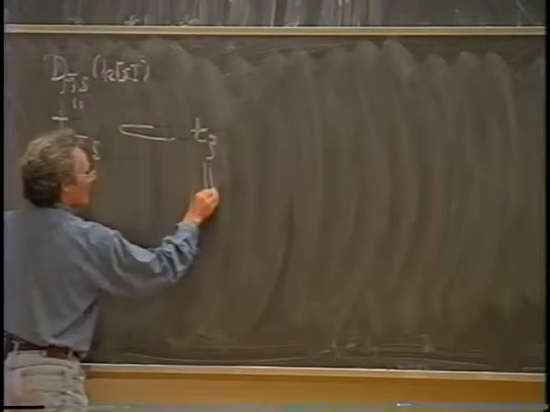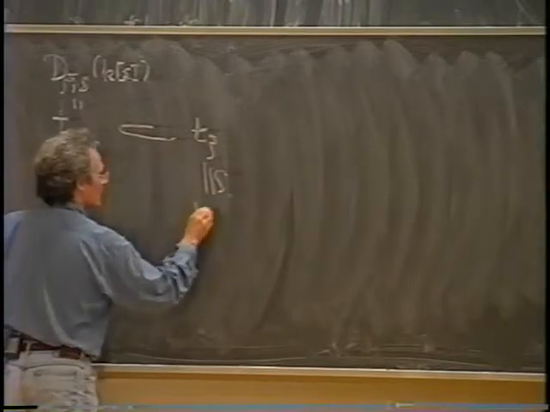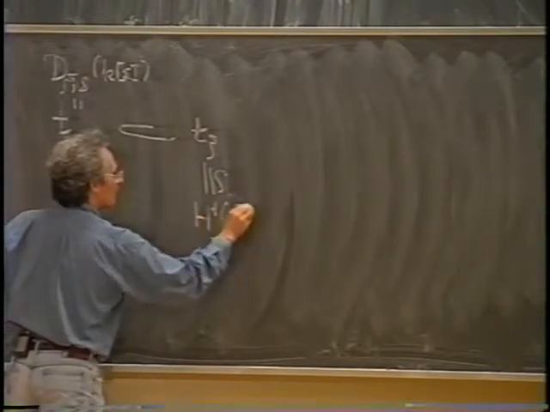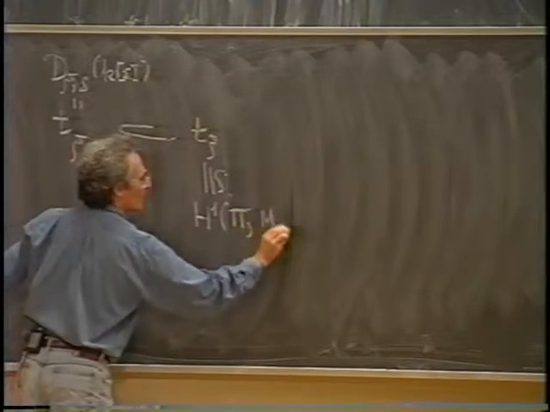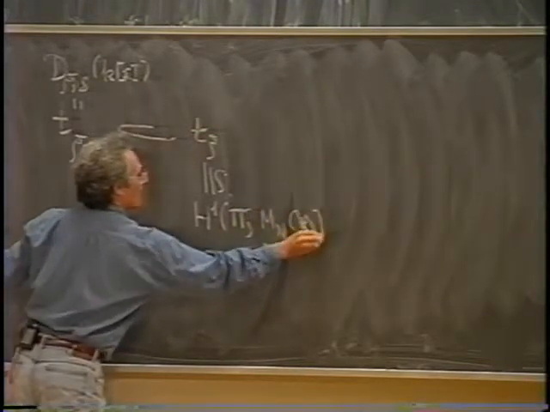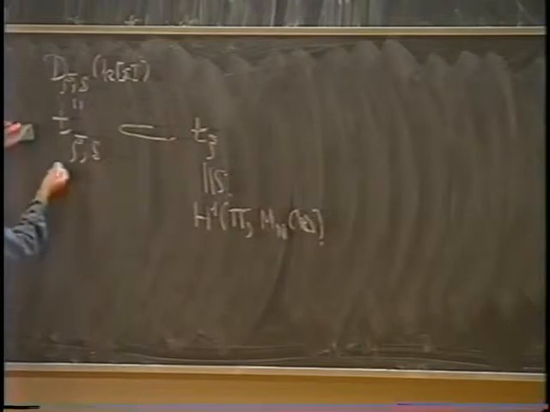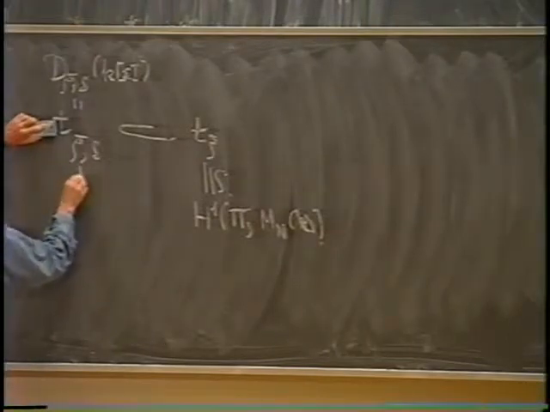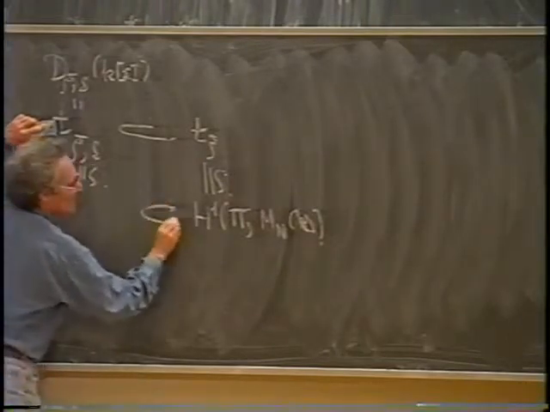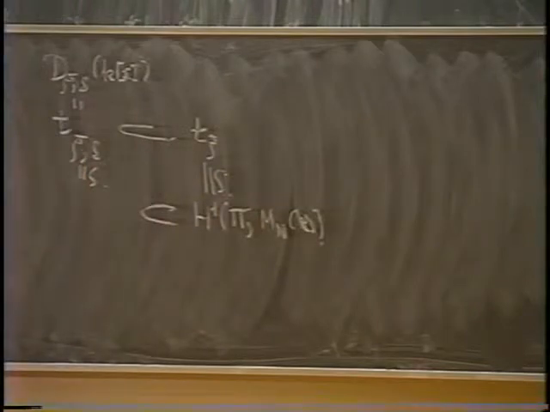And the tangent space of rho bar is canonically isomorphic to H^1 of pi with coefficients in M_n of k. And so, therefore, whatever this is, it is isomorphic to some subspace of this cohomology group.